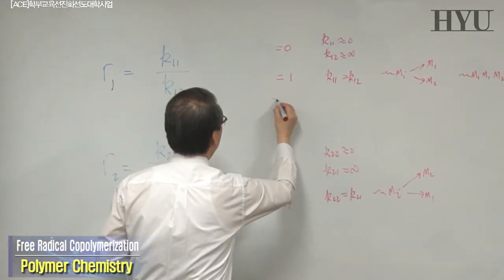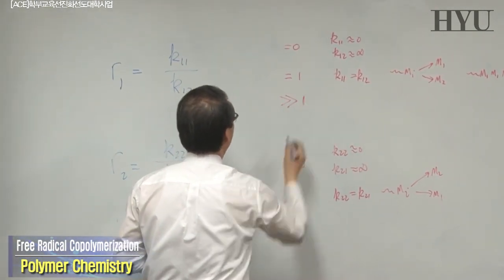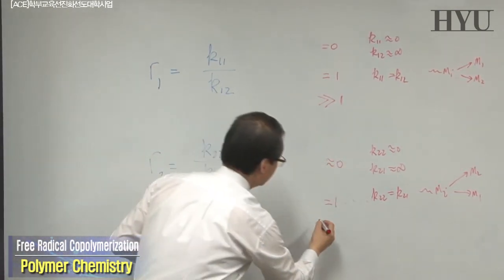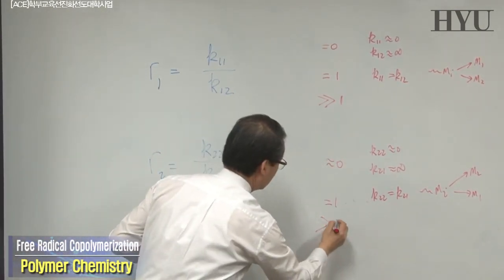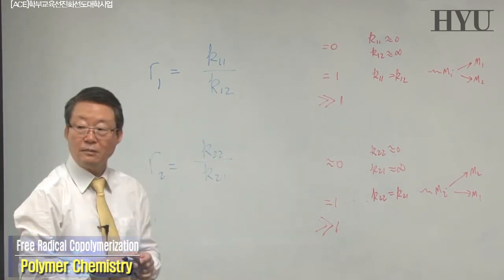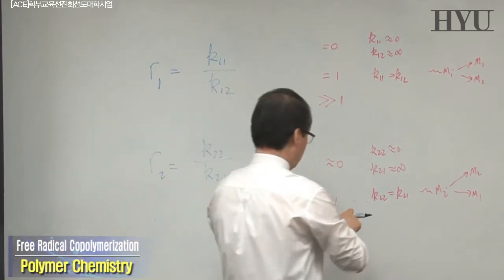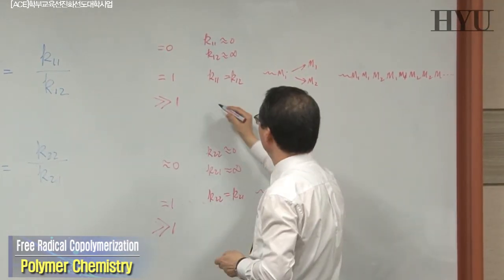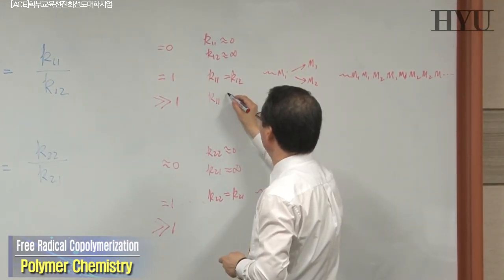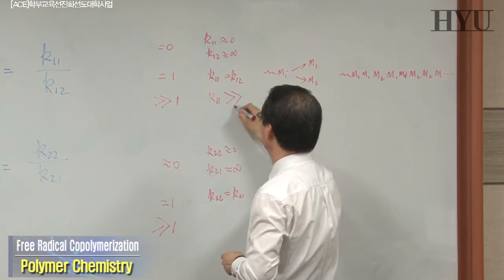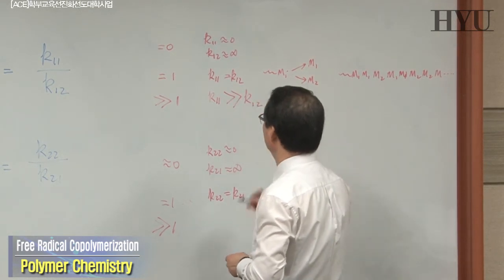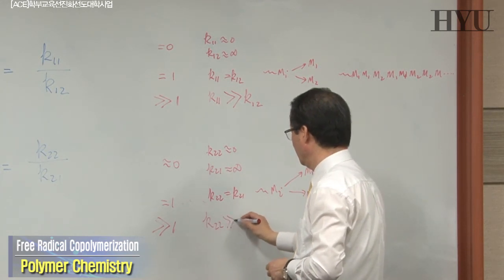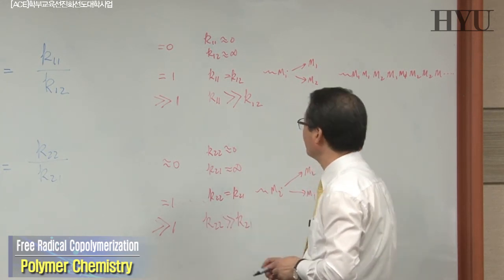Finally, when we have R1 greater than 1 and R2 greater than 1, in this case K11 is much greater than K12, and K22 is much greater than K21.